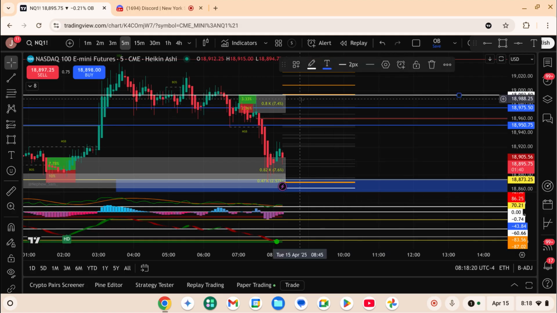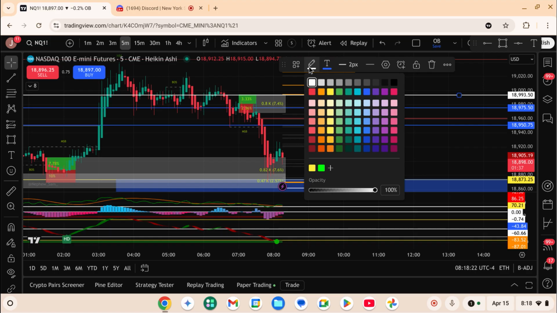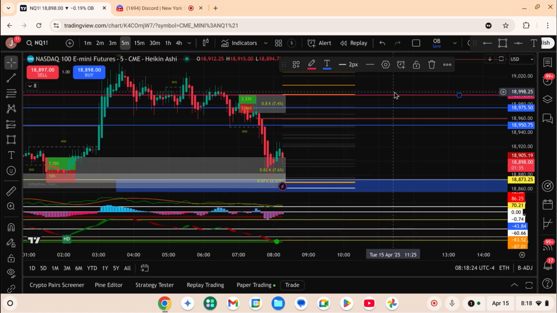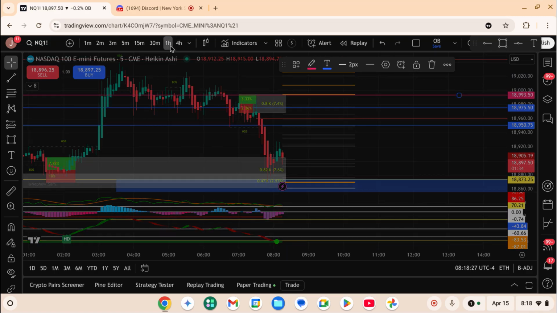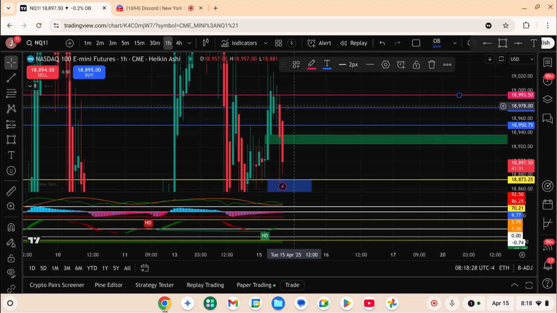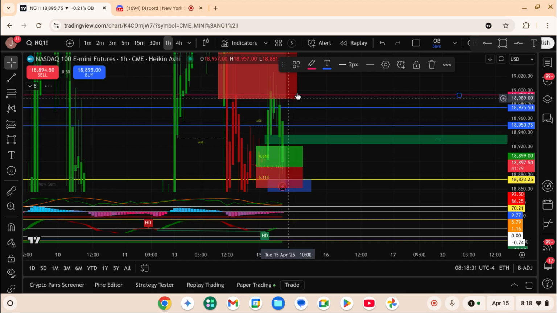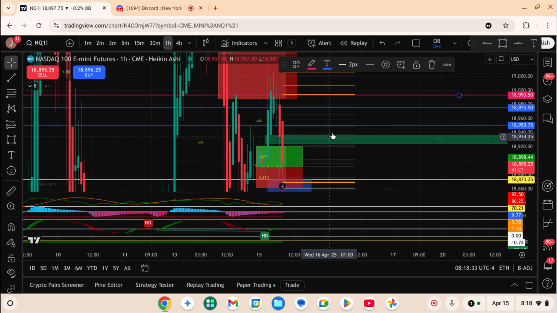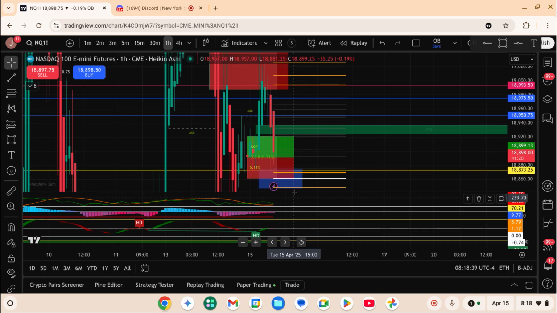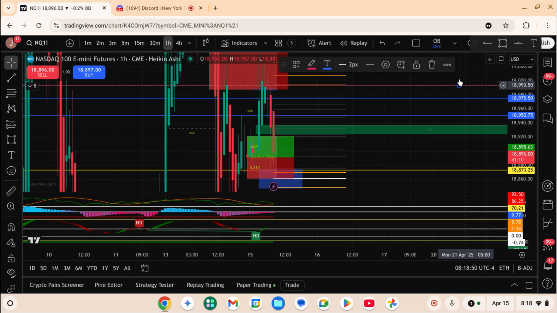Let's see what that is. Let's go to the 1 hour. Yep, it's a 1 hour high right here. So it could sweep that high and then come down and fill this order block at the bottom and then reverse back up and break through this whole area. So let me take that off.